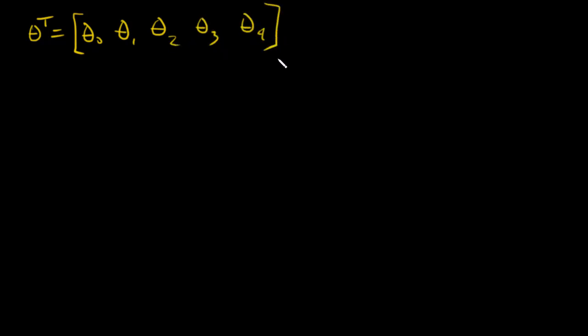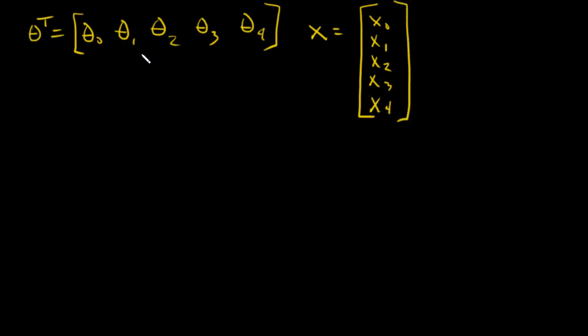I have that theta transpose is equal to theta 0, theta 1, theta 2, theta 3, and theta 4. Now if I multiply that by my x vector, which is x 0, x 1, x 2, x 3, and x 4.